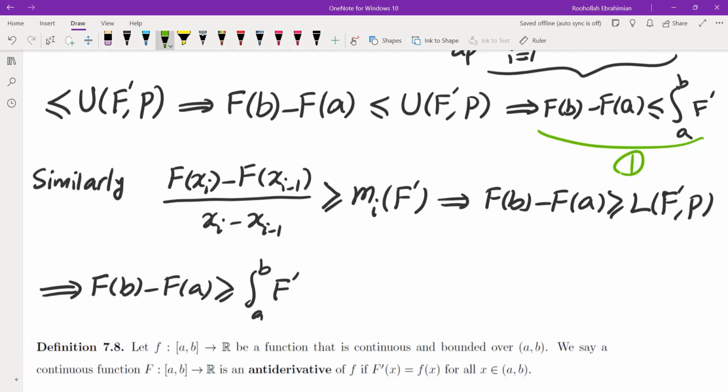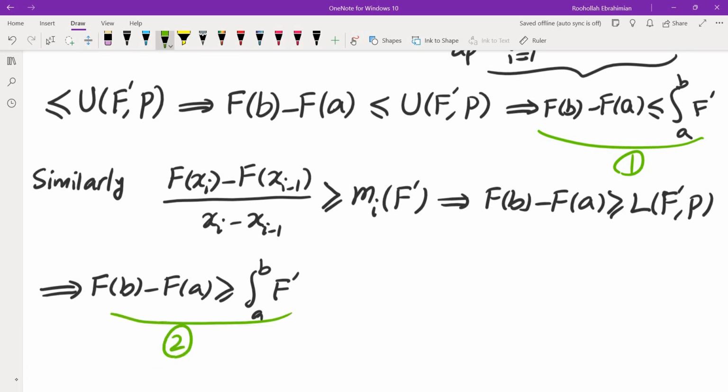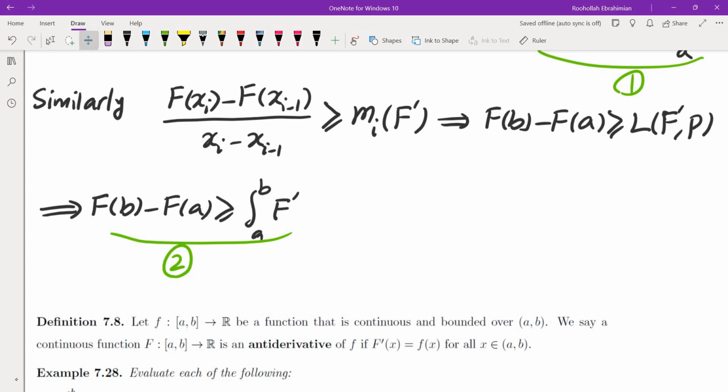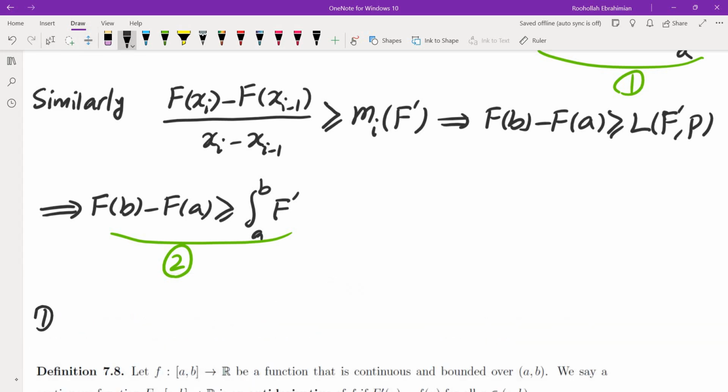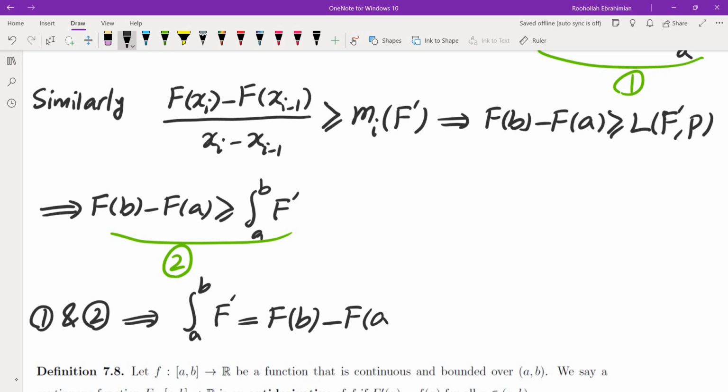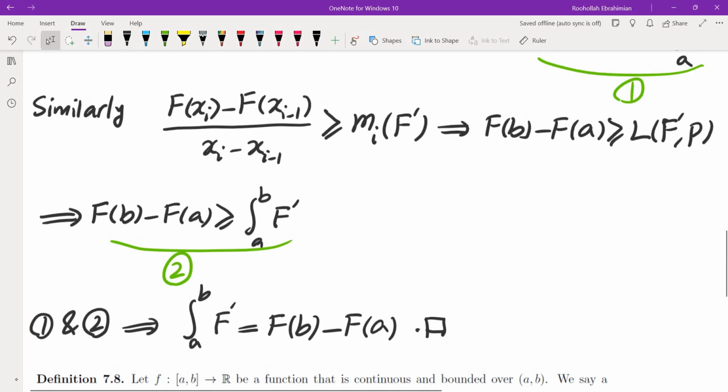So this is 1. And also less than or equal to f of b minus f of a. So that means it must be equal. 1 and 2 imply the integral from a to b of f prime is equal to f of b minus f of a, which completes the proof.